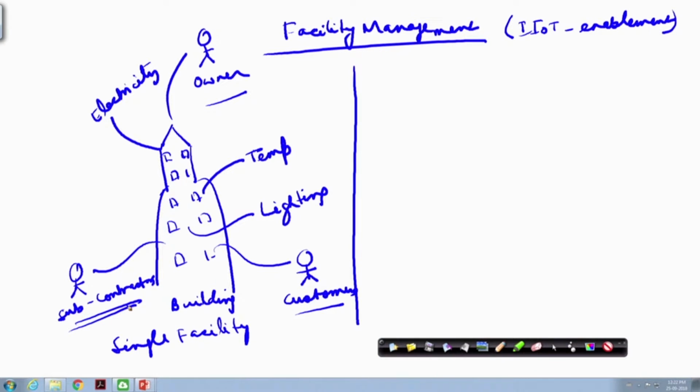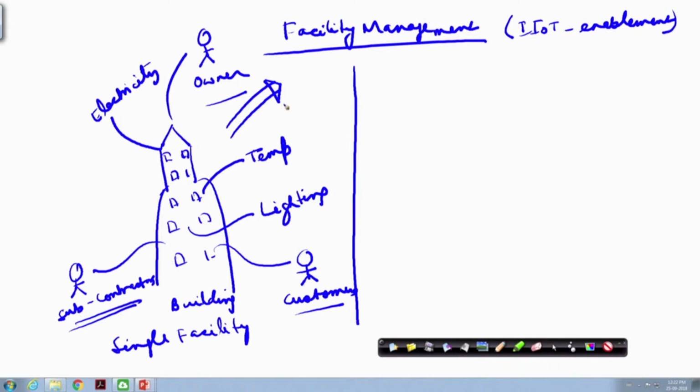Now, if we are talking about this kind of system, ultimately we need to have these different units and different actors work much more efficiently in order to have improved facility management. For improved facility management, again as usual, we need to have sensor enablement. IoT devices will have to be enabled. We need to have these devices enabled depending on the use cases being implemented.